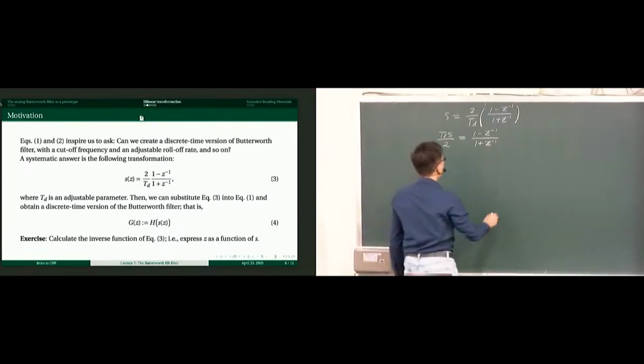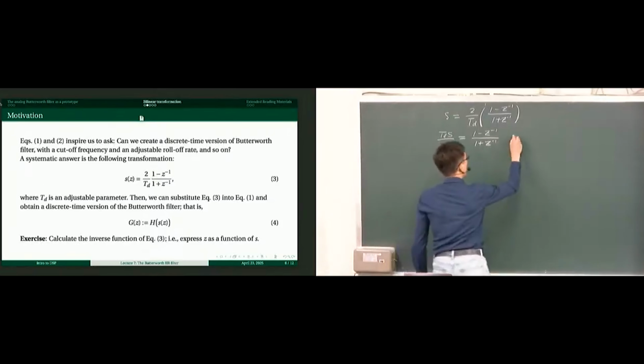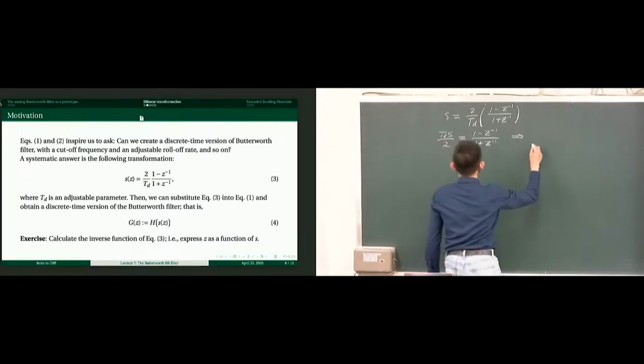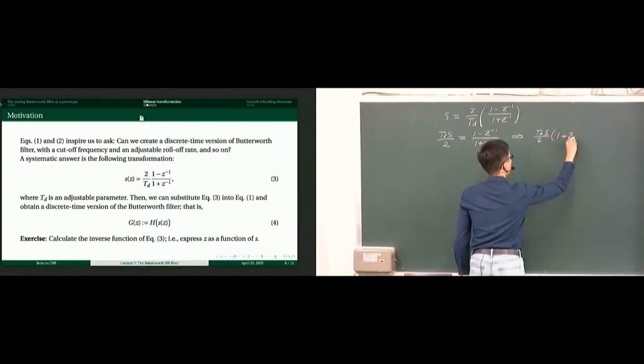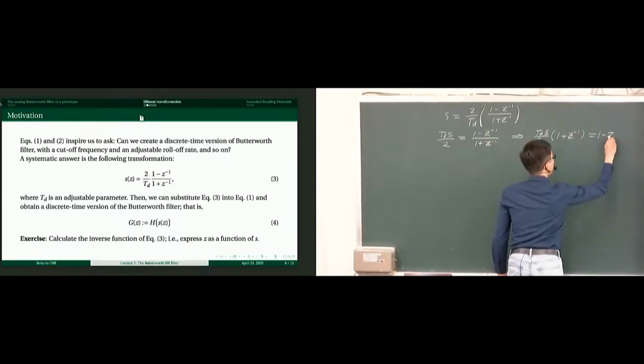So from there, let's work this out, okay? TDS multiply, how about we do this? Equals 1 minus Z inverse.